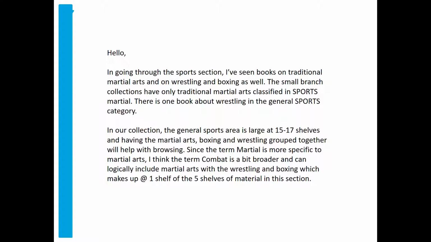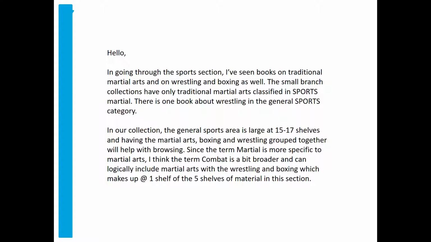That way we could combine our martial arts with wrestling and boxing and even fencing under a much broader term, combat. That would make that section large enough for a subdivision, but also narrow enough to still be browsable with all those related materials.